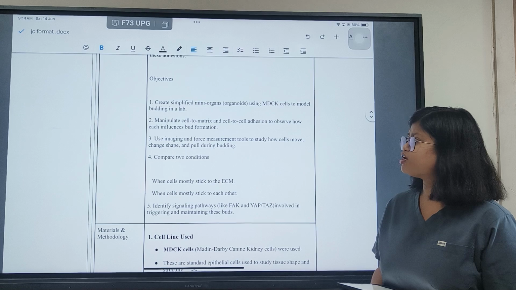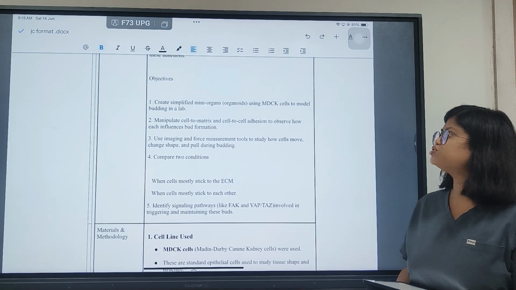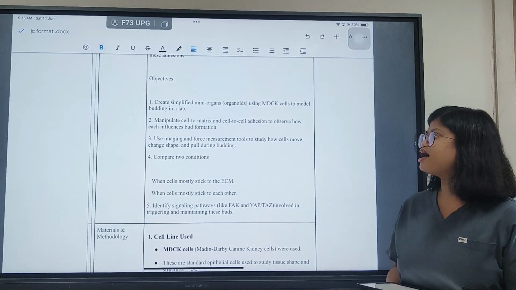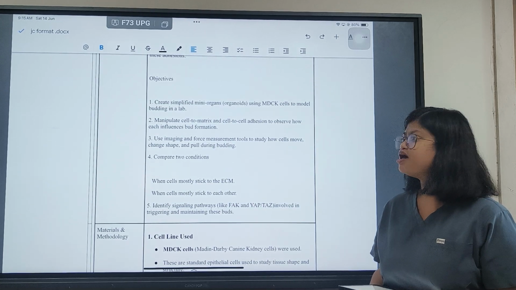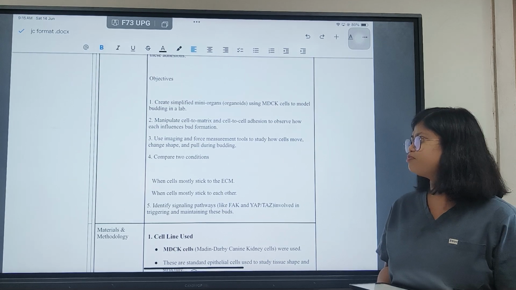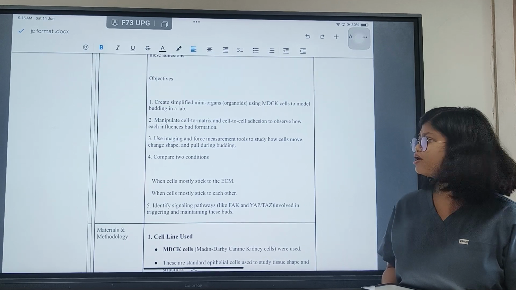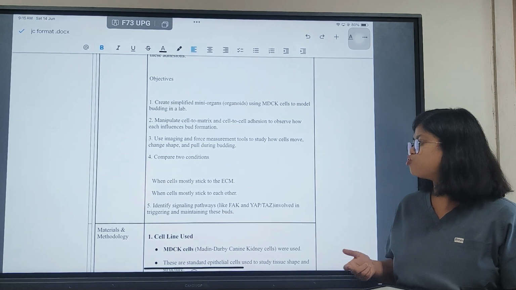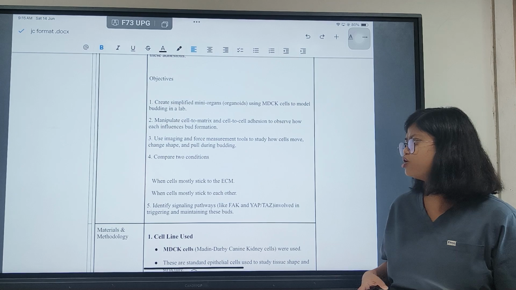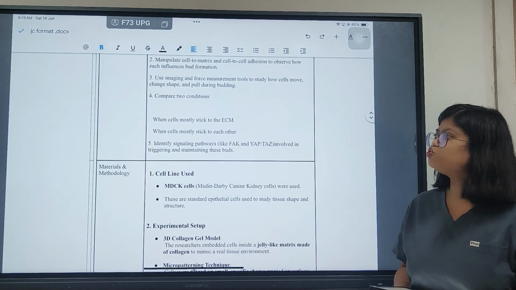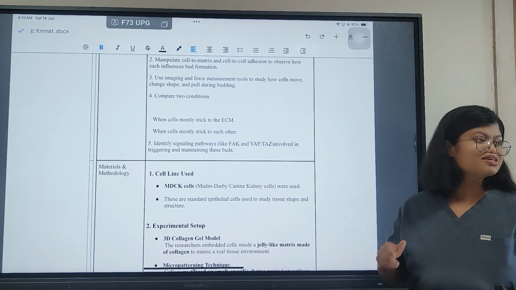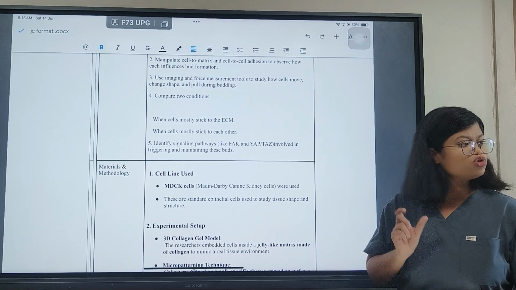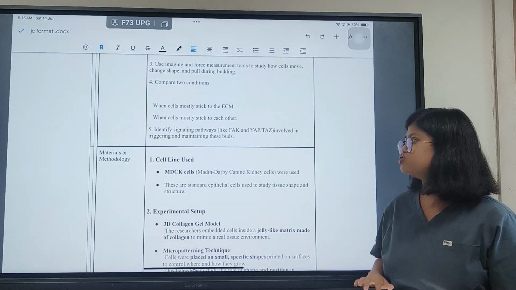Coming to the objectives, they created the organoids using MDCK cell lines. They manipulated the cell-to-matrix and cell-to-cell adhesion, and they used immunofluorescence microscopy and traction force microscopy to study how the cells move, how they exert force on each other and on the extracellular matrix, and compared the two conditions: when the cell is moving and sticking to the ECM, and when it is sticking to other cells.